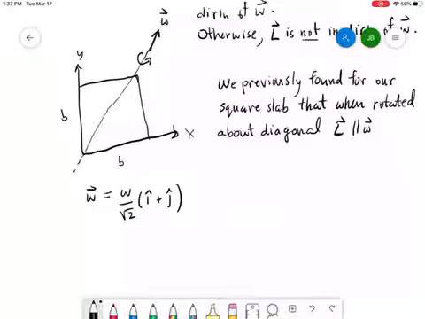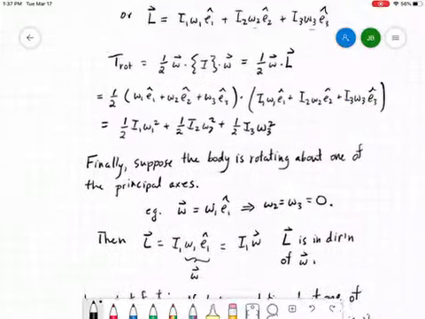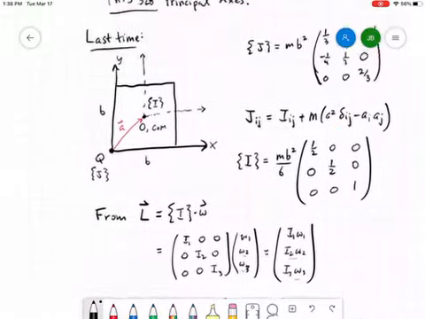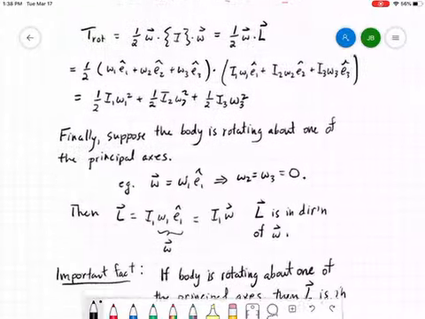Okay, so let's just calculate. L is, I guess it's going to be J is what we're calling it now if we have a point here where our origin is Q. So J dot omega, and J was equal to, so let's go back over here, we had along the diagonal 1/3, 1/3, 2/3, and two off diagonal elements that were -1/4.